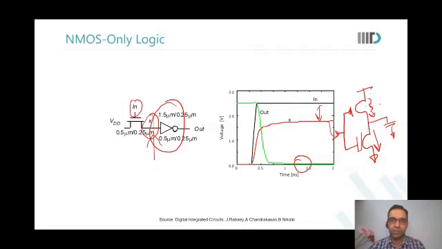Are you able to see this? Yes. So if we have NMOS only logic, now you remember when we started the PTL, we said there will be no static currents. You remember this?